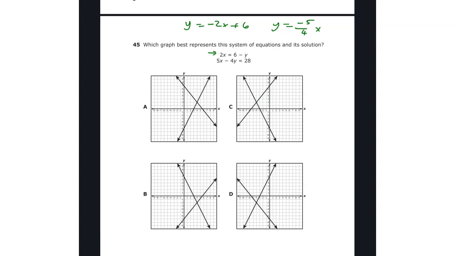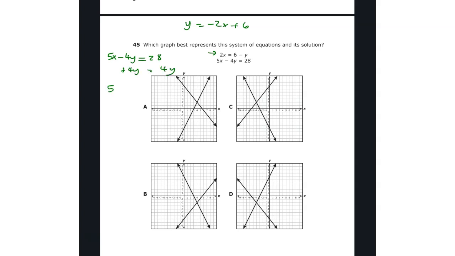It's actually not negative 5 over 4. Let's step through that one. 5x minus 4y equal to 28. So add 4y to both sides.